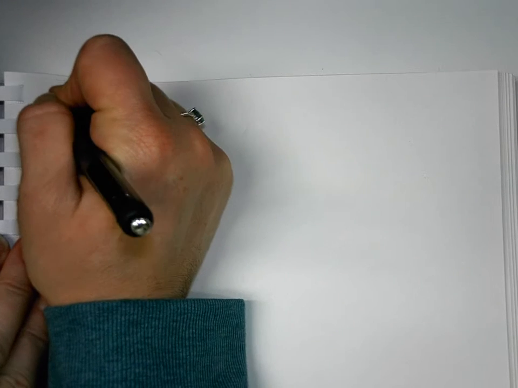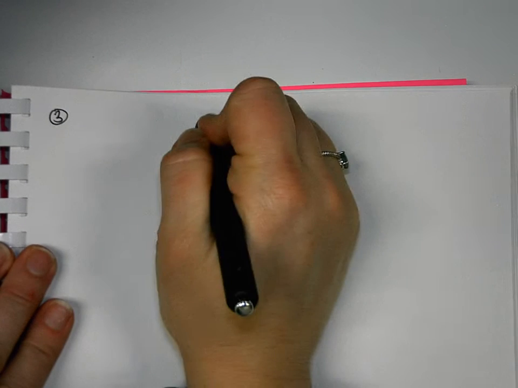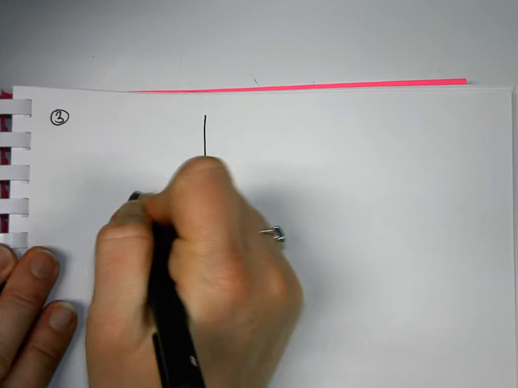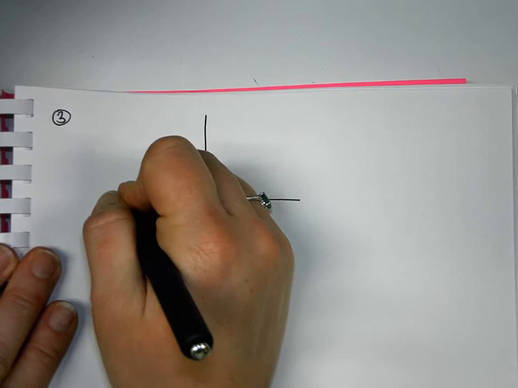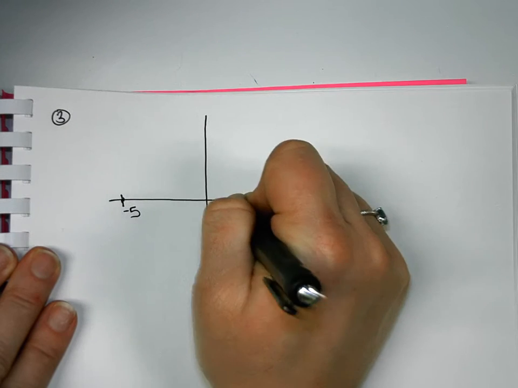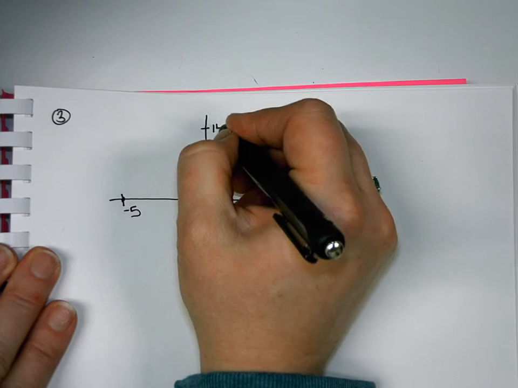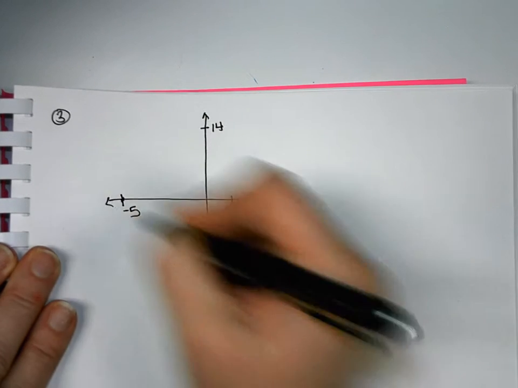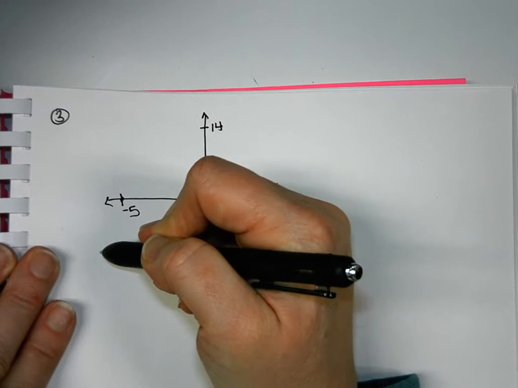So let's do our third example. This is just 9-7 continued. This is one where we're going to read it from a graph. I'm just going to mark some of my key points so that I have them.